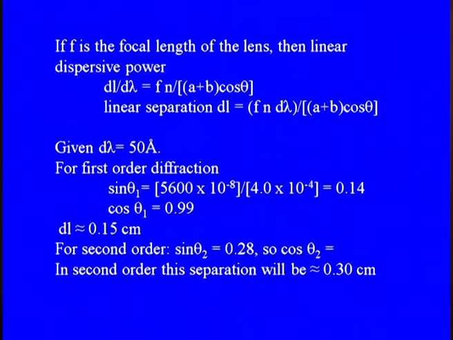Similarly, for the second order we can calculate the value of sin theta 2, then find the corresponding value of cos theta 2, and after substituting the values in the above equation we can find the value of dl. So dl comes out to be 0.30 centimeters.